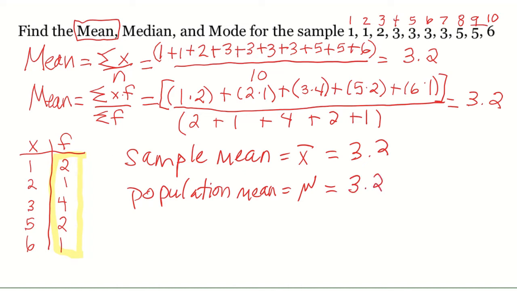You solve for both values exactly the same, and your problem is going to tell you whether or not you're using a sample or a population. And we can see here that this is telling us we're using a sample, so that means our final answer would be x bar equals 3.2.